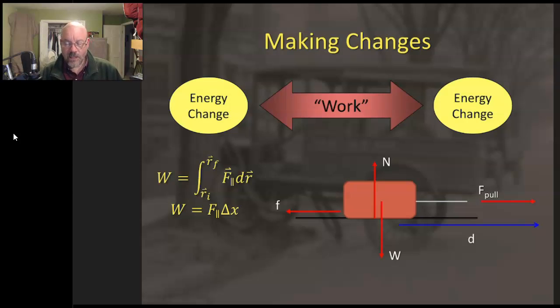So what we're going to do now is take an object, this little square thing right here, and pull it, have some friction there, and just think about what's happening with the work from all the different forces as we pull this thing.